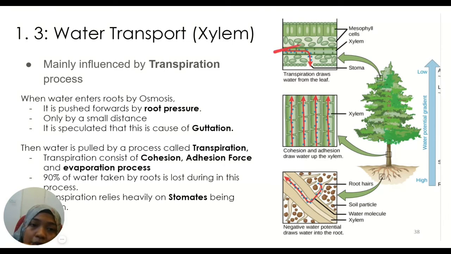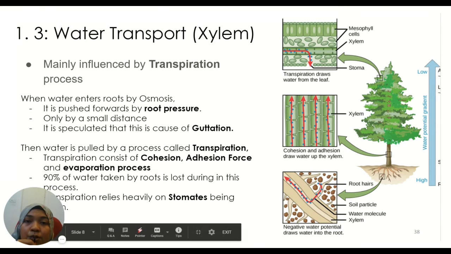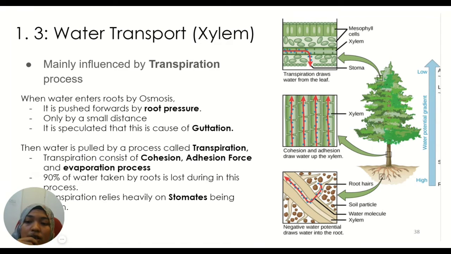So, this diagram here also shows a brief process of transpiration and root pressure. At the stem, after the water molecules are pushed by root pressure, they are pulled up by a process called transpiration.